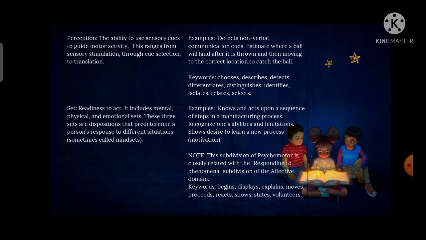Like for example, the student knows and acts upon a sequence of steps in a manufacturing process, or recognizes one's abilities and limitations. Also shows desire to learn a new process, or the motivation.